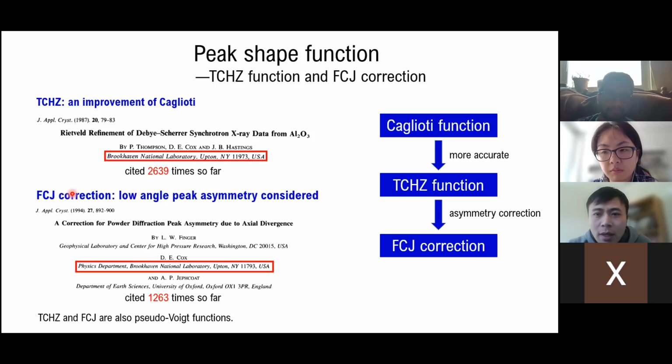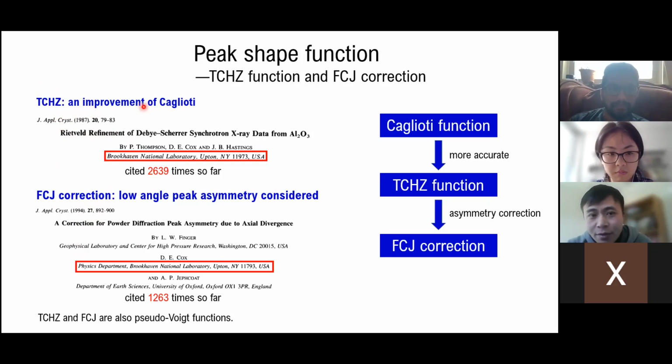And the TOPAS profile function actually considers both, and even makes more improvement in modeling the peak shapes. So next time if you see TCHZ coming up in the TOPAS script somewhere related to a TOPAS application, it actually stands for this sort of profile function as an improvement of Caglioti.